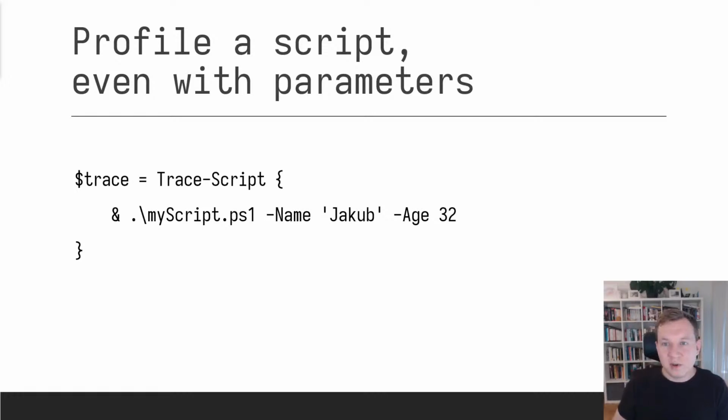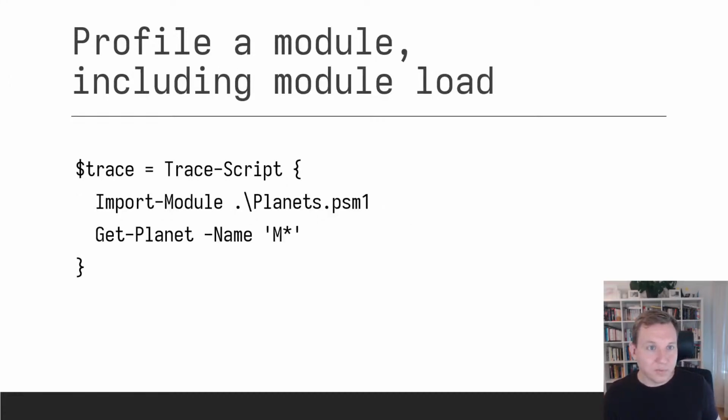So Trace-Script is a really useful function, and you can use it to profile a lot of stuff. If you're just looking to start profiling something, then you can profile any script that you have and pass in parameters. Just create a script block, use the ampersand, and then provide some parameters, and it will trace the script. What you can also do is profile a module, including the module load.